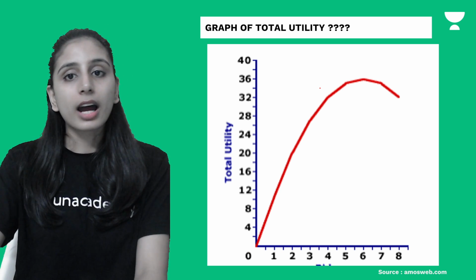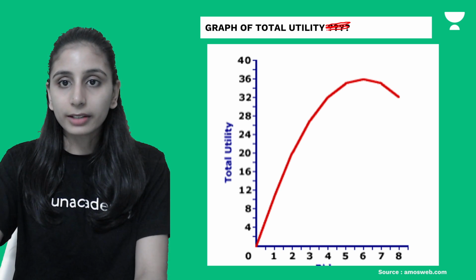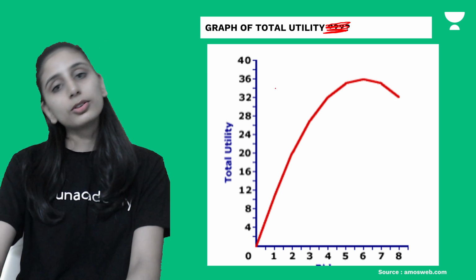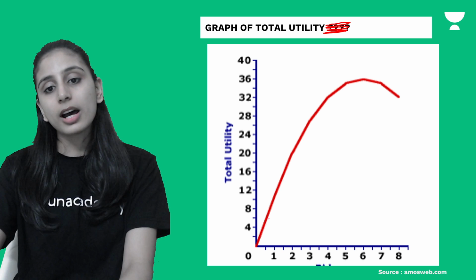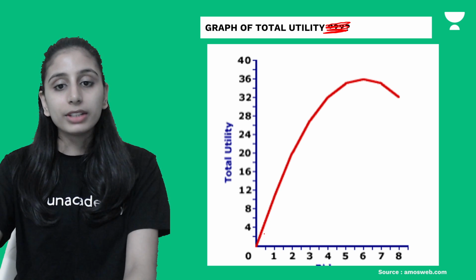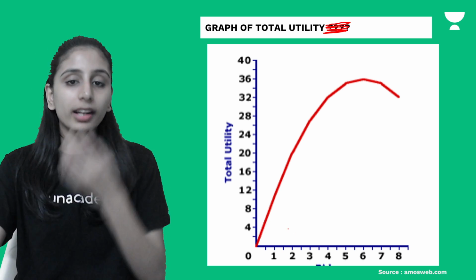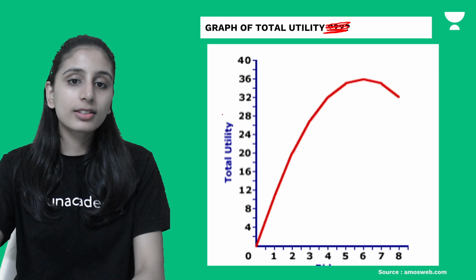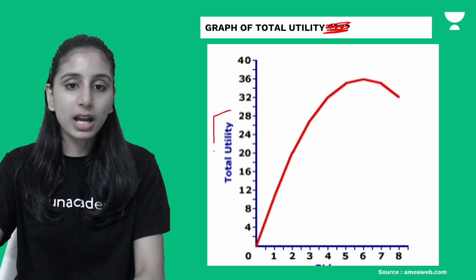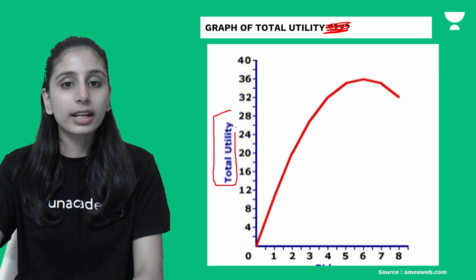So this is the graph of total utility. Okay, so we will look at the graph of total utility. We can see that in the graph, especially when there is an x-axis and y-axis, we always write the name of the curve we are drawing.